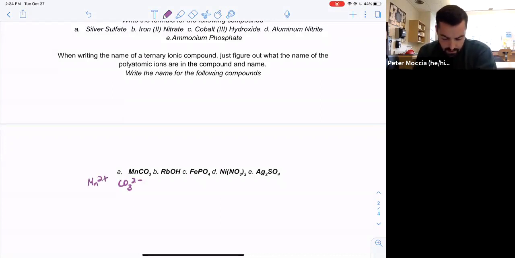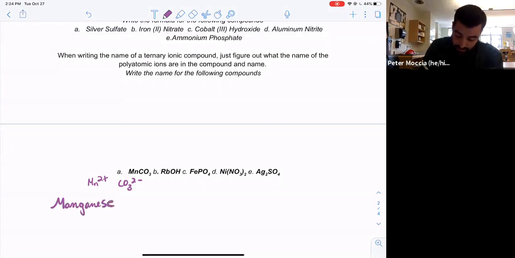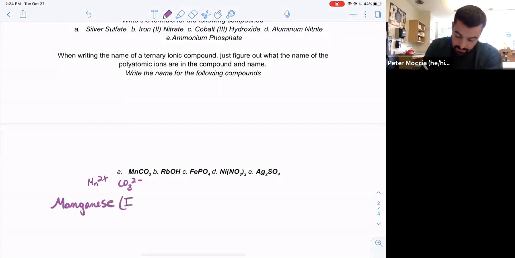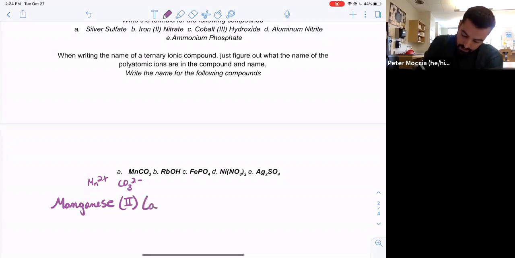I know that Mn is manganese, which is a transition metal. So this should be manganese 2 because I need to put the charge in Roman numerals, since it is a transition metal. And then CO3 2- is carbonate, so manganese 2 carbonate.